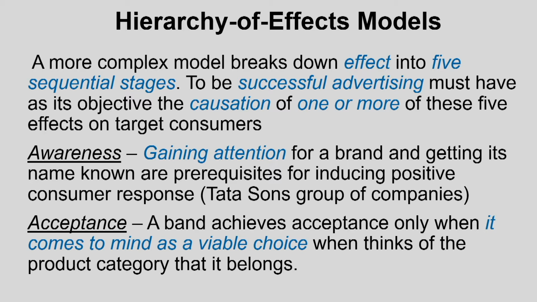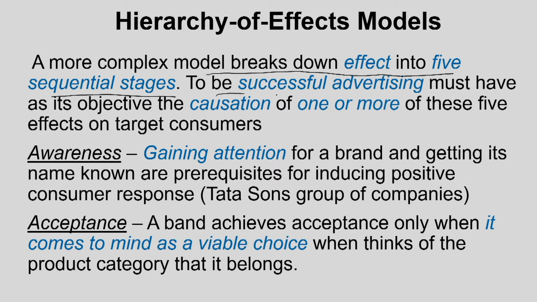Now, a more complex model breaks down the effect into 5 sequential stages. The Steiner model of hierarchy of effects breaks down the effects from marketing communication into 5 different stages, and consumer responses are different for all these stages. Now, what does this model say?